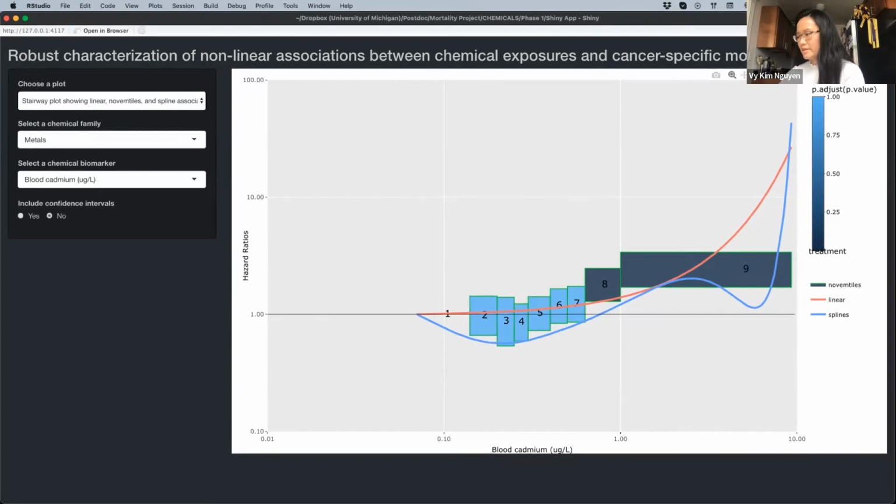Here I show the shape of the association between blood cadmium and cancer-specific mortality.